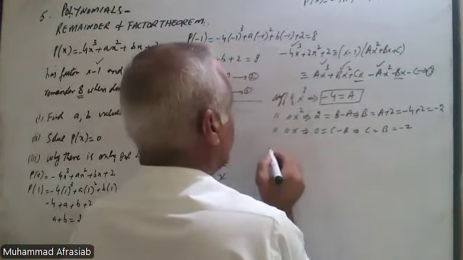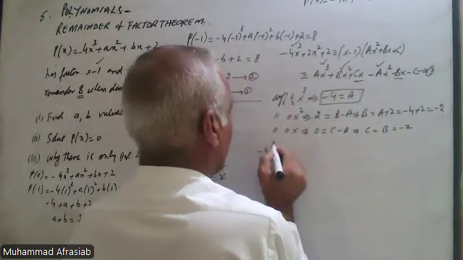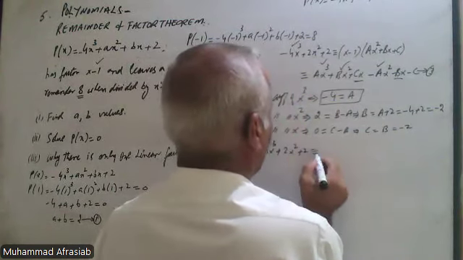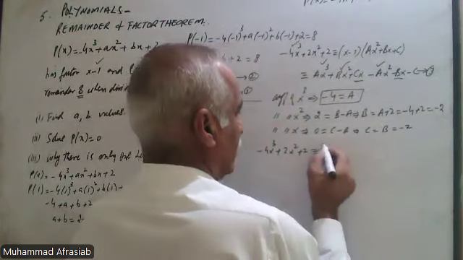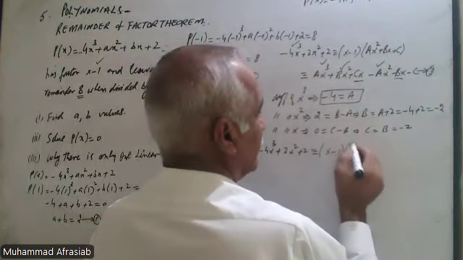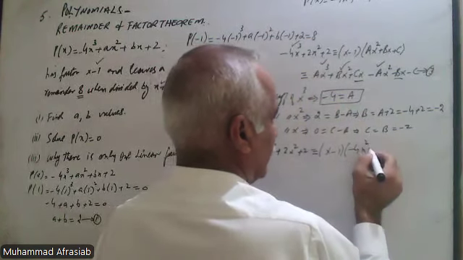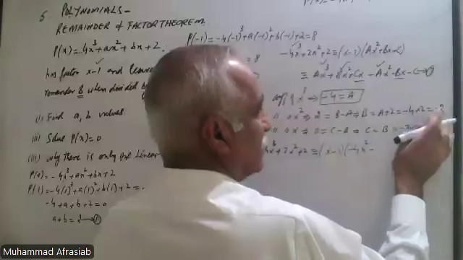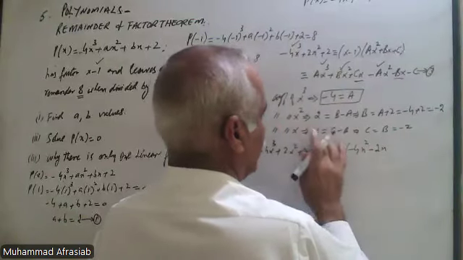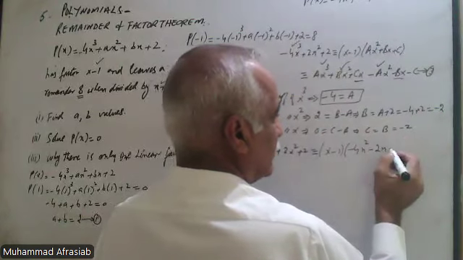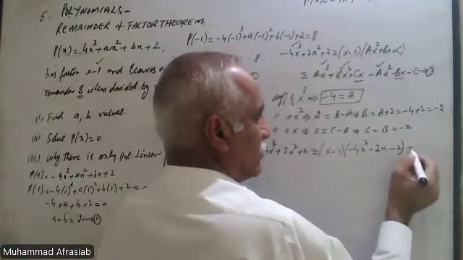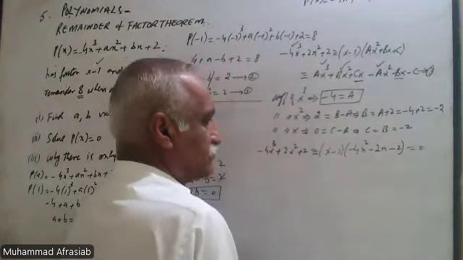So this equation becomes minus 4x cubed plus 2x square plus 2 is identical to x minus 1 into minus 4x square, b value minus 2x, and c value minus 2, and that should be equal to 0.